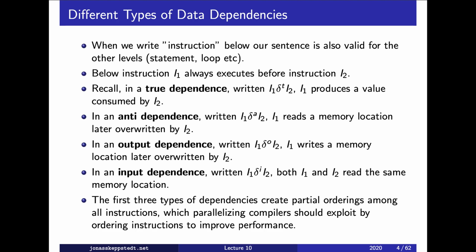Output dependence is if we have two instructions which both write to the same memory location. And input dependence is if both read the same, which can be useful to detect that we have an opportunity to optimize cache behavior. We have temporal locality.